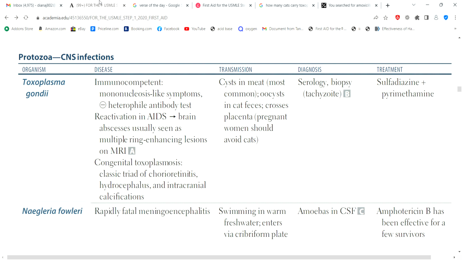You give TMP-SMX for prophylaxis. So if the patient is positive for IgG for Toxoplasma gondii and the CD4 count is less than 100, you give TMP-SMX for prophylaxis. So I'm talking about AIDS here. Okay, as a prophylaxis, and that's it for toxoplasmosis.